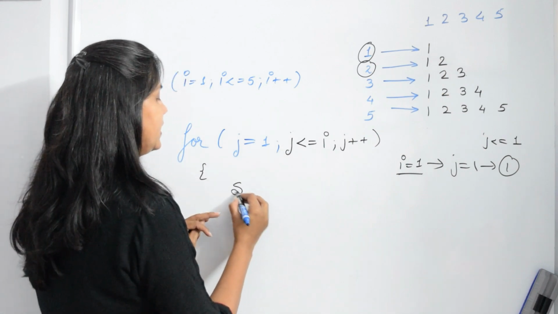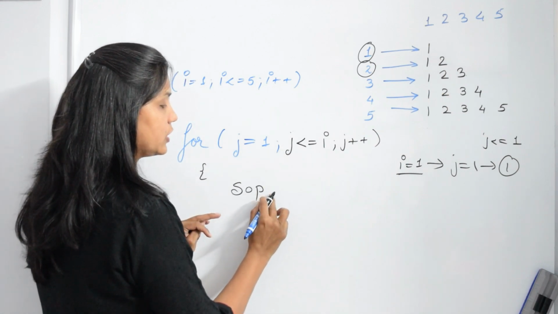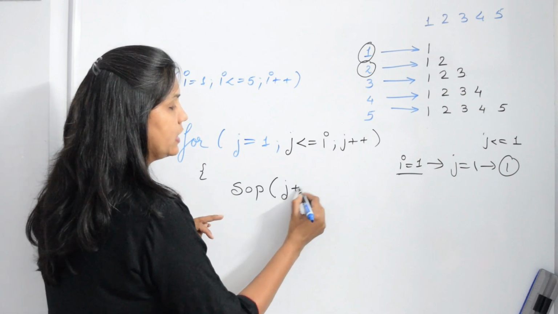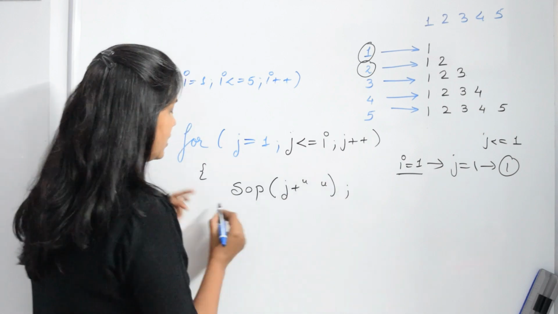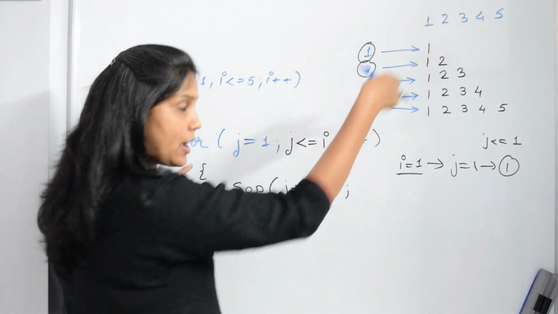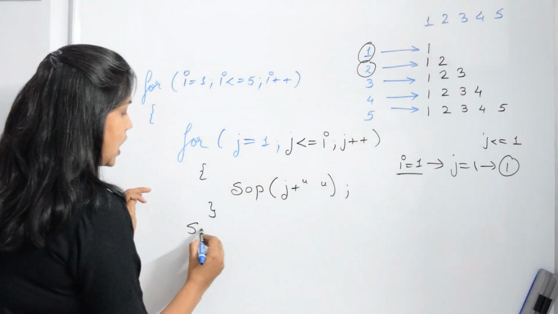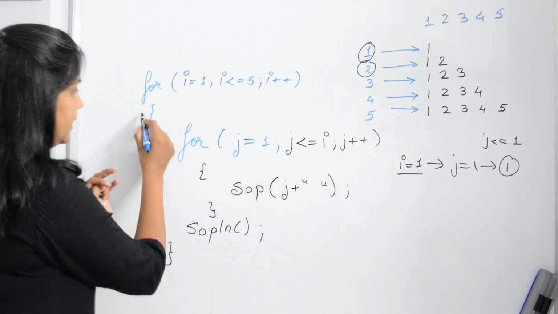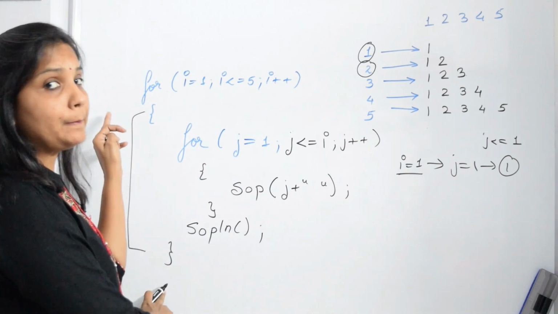So I'll say SOP, without a println, and I'll print the value of j with some space. Once I complete this inner loop, I've printed the first row. I want to have a new line, so outside the inner loop you will write SOP ln, and the outer loop completes.